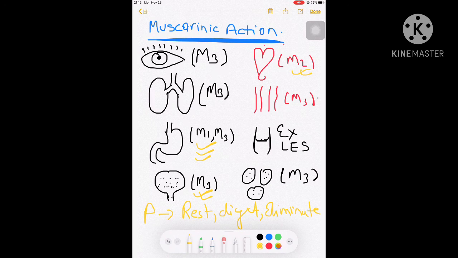Let me give an example: suppose a tiger is running after you, which means your body should be in fight, flight, and fright response, meaning the sympathetic nervous system will activate. Suppose the muscarinic system was acting there and your pupils were in the state of miosis, constricted, then you would not be able to see very far because they would be accommodated for near vision.